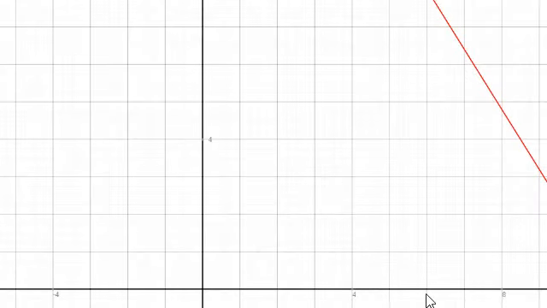Here's 4, 5, 6. We go up, and we're going to have to move this screen so we can see it. Okay, so this is going to be the point right here, 6, 8. So there you go. It helps to be able to geometrically see what we're doing when we're solving these systems of equations.